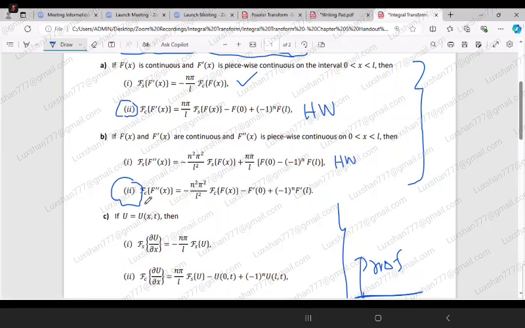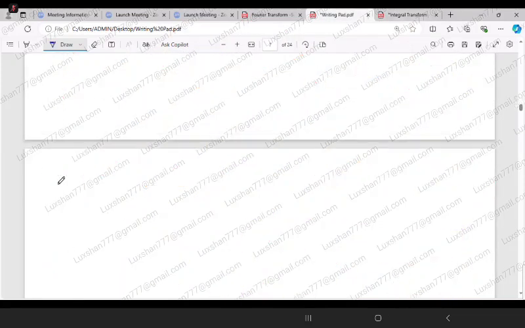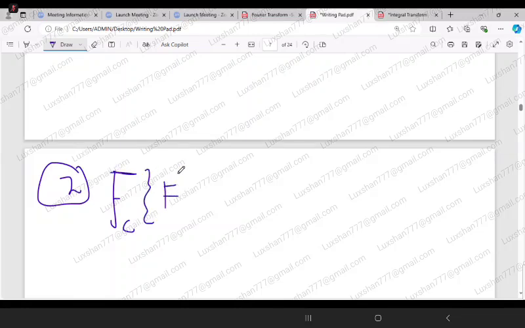Okay, so I will write this one, second one. So Fc dash is equal to this one. Let's try this one. So second one, we want to find out Fourier cosine of f double dash x. So according to the definition, I'm going to use that.